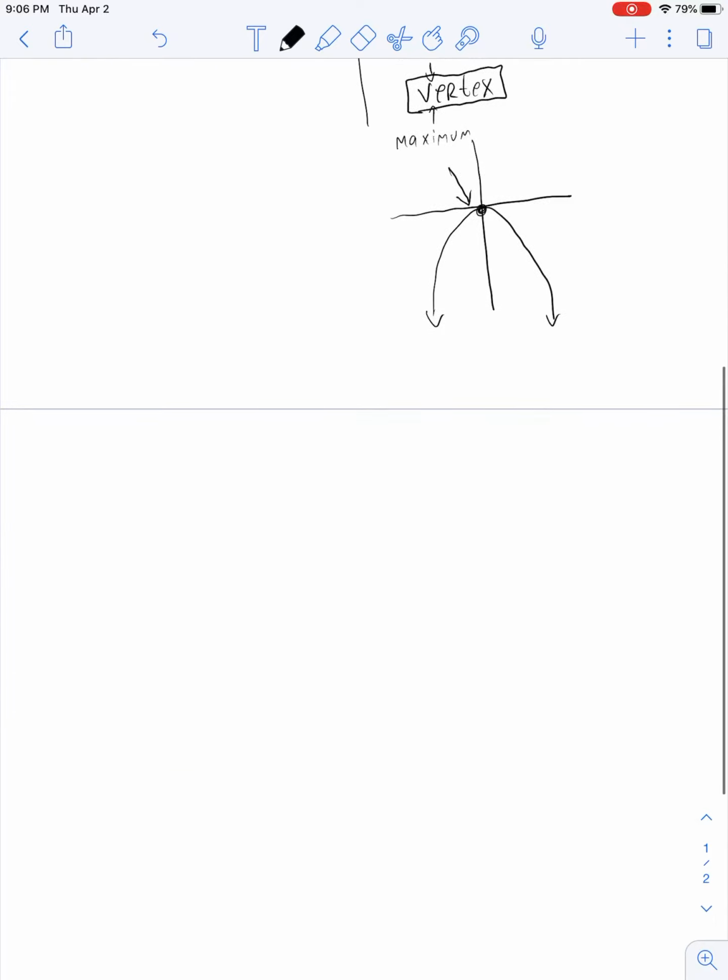As we continue with this parabola, let's just stick to this one right here. There is this imaginary dotted line that runs through the vertex. This imaginary dotted line is known as the axis of symmetry.